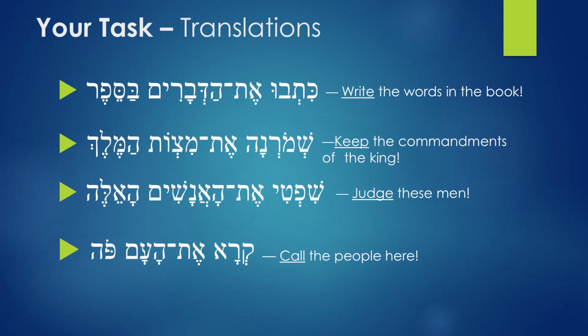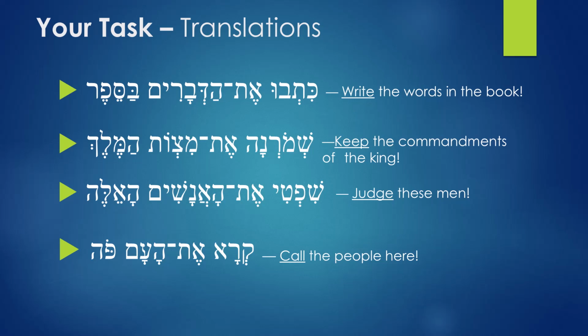All right, next you have Shemoru et mitzvot hamelech. Now, the word shemoru is imperative. In this case, it's imperative feminine plural. It has removed the prefix, so you have shemoru. And it comes from the verb shamar, which means he kept, to keep, to guard. So here it means guard or keep.